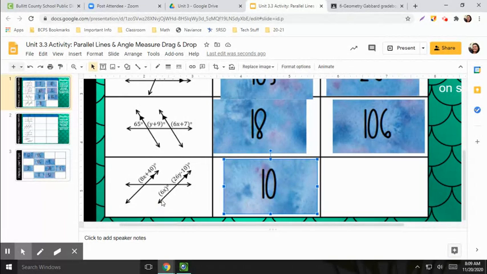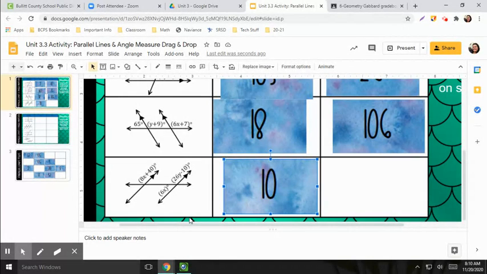Or if you wanted to, we can solve for the measure of this acute angle and set this angle plus this angle equals 180 degrees. Really, it's however you want to do it. For me, I prefer to do the obtuse angle, and so we can just set them equal to each other and solve through.